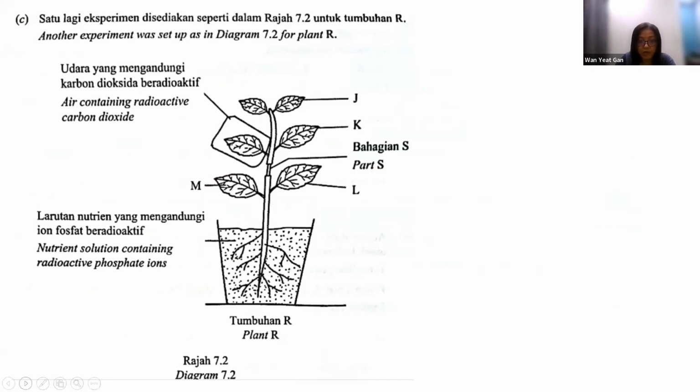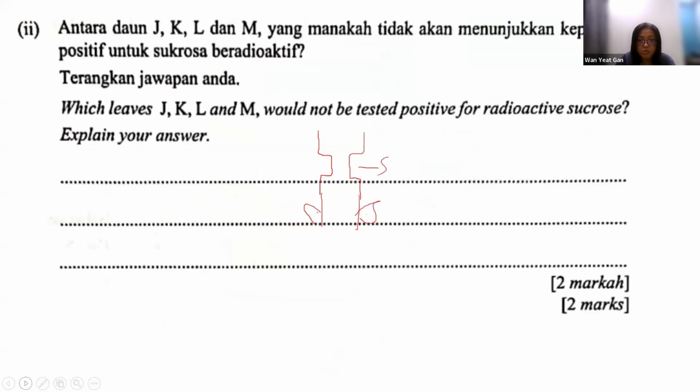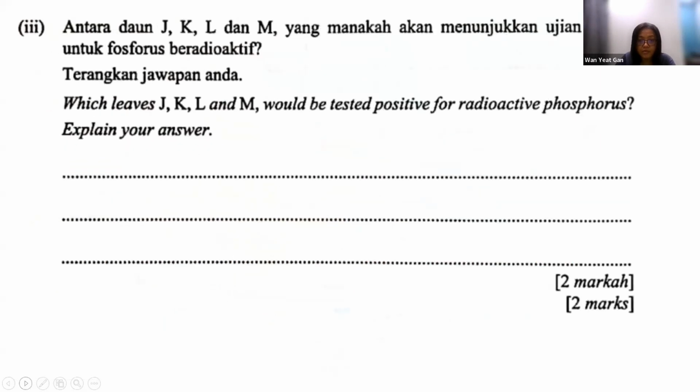And you know that water and minerals like ions are transported through xylem, right? So will the leaves all be affected? Will the leaves still be able to obtain the radioactive phosphorus? The answer is yes. All the leaves will be tested positive for radioactive phosphorus.